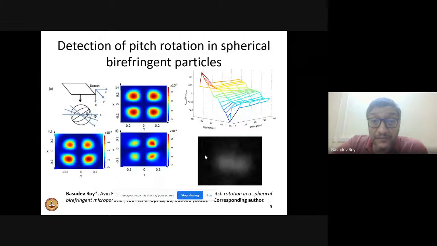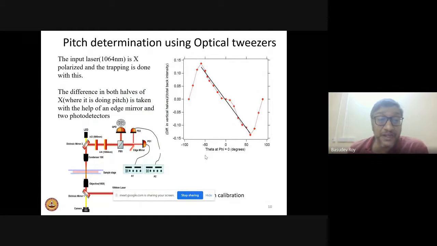Going on, I developed a technique to detect it using the scattered light instead of using video microscopy, as in the previous case where the 4 lobes were visible in the video. Now you can actually use the scattered light itself to detect the out-of-plane rotation. All I need to do is take the forward scattered light, put an edge mirror and split the light into 2 halves.